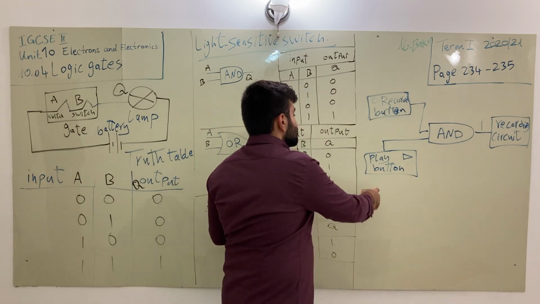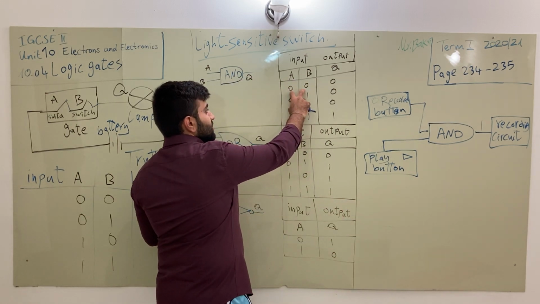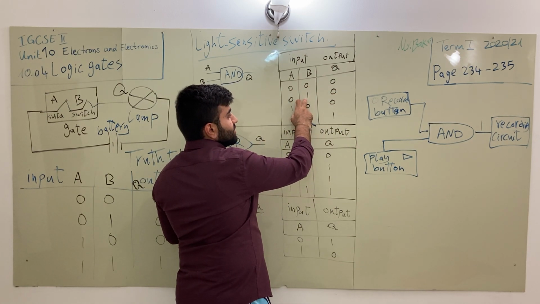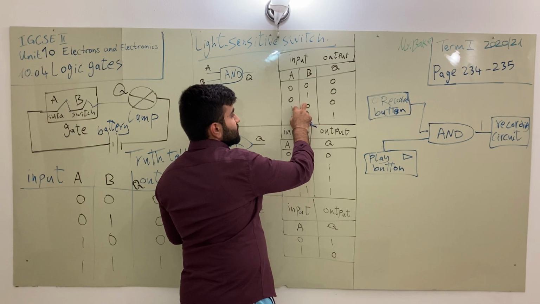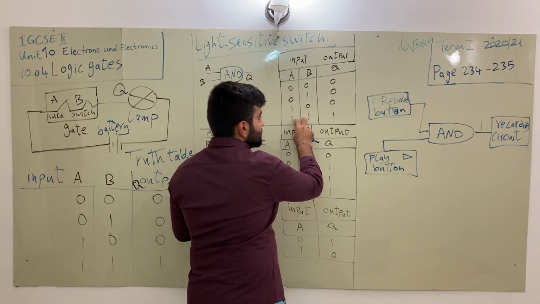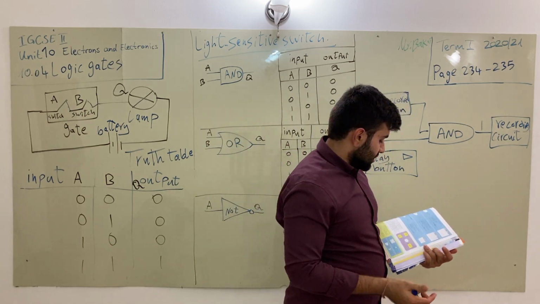So when the button is not pushed it is 0. Then both not pushed is 0. If I push just the record one, it won't work. If I just push the play one, it won't work. I have to push both of them until it starts recording.